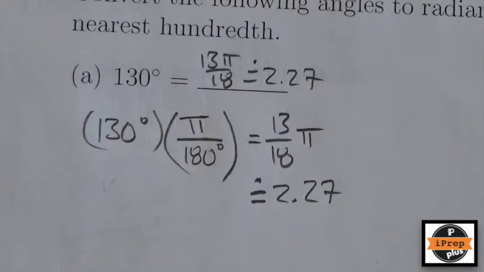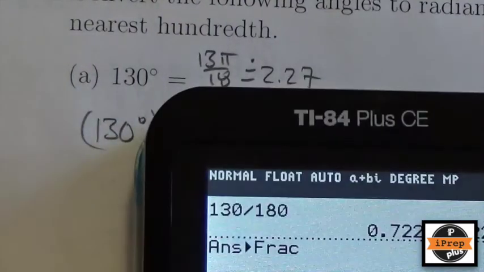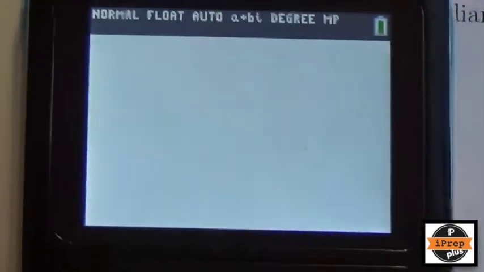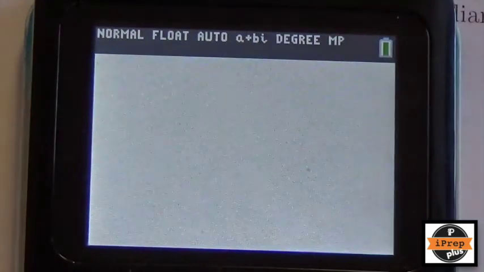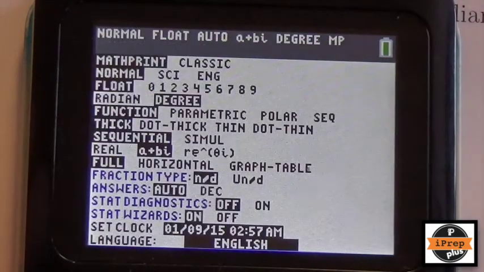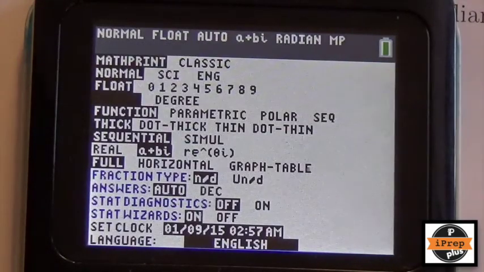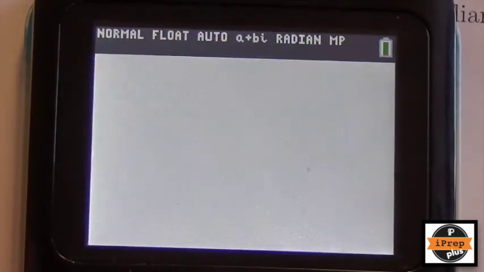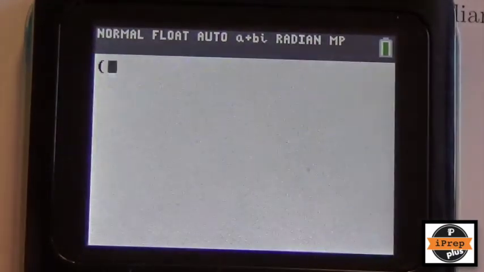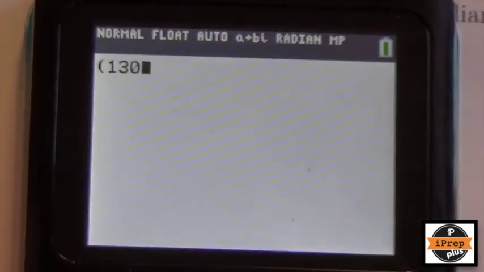Now, let's go through here, and I want to show you how to use your calculator in a similar way to what I did before to convert this into radians. First of all, we're going to press mode, and we're going to put the calculator in radian mode. I want it to be in the mode that I'm converting to. And now in parentheses, I'll put 130.